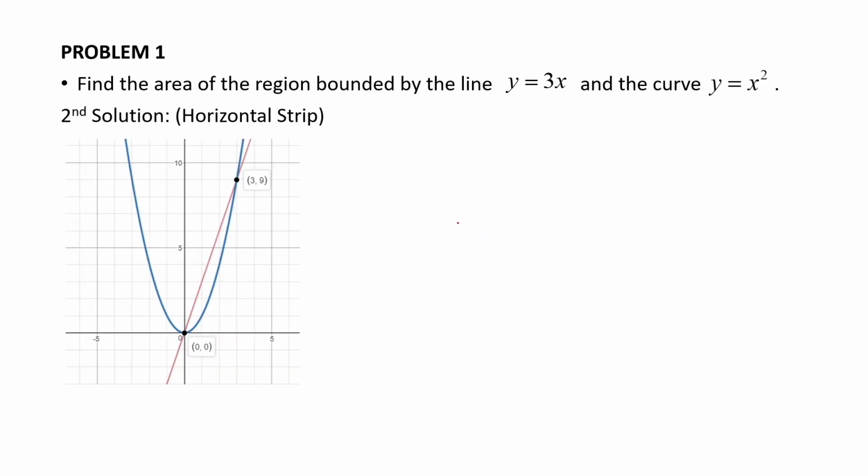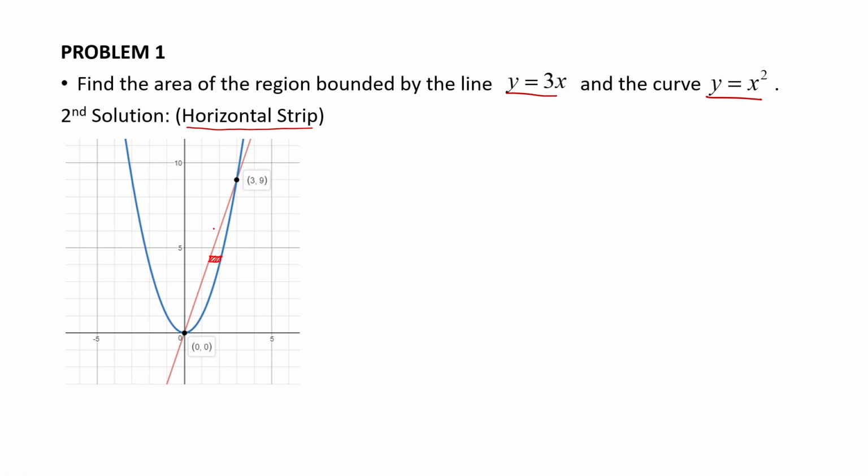We now use the horizontal strip. I just borrowed the graph so that we won't have to graph it again. It's the same equation as the previous one that we did, still y equals 3x, then y equals x squared. But this time we're going to use the horizontal strip. So horizontal strip, that would be x right minus x left.